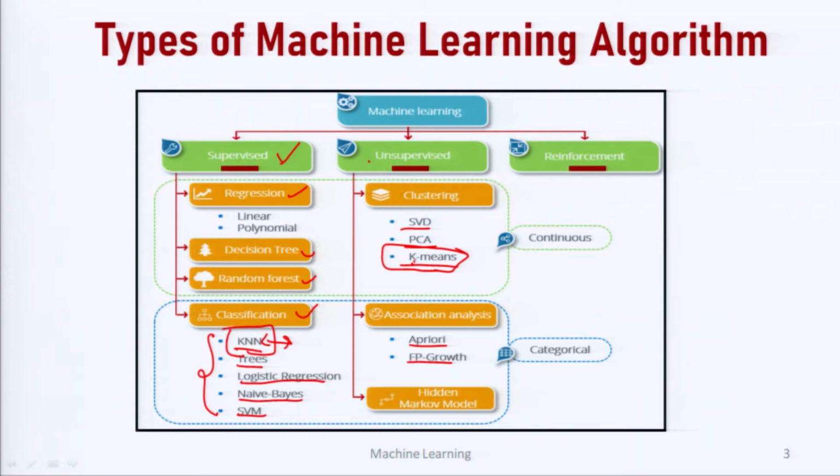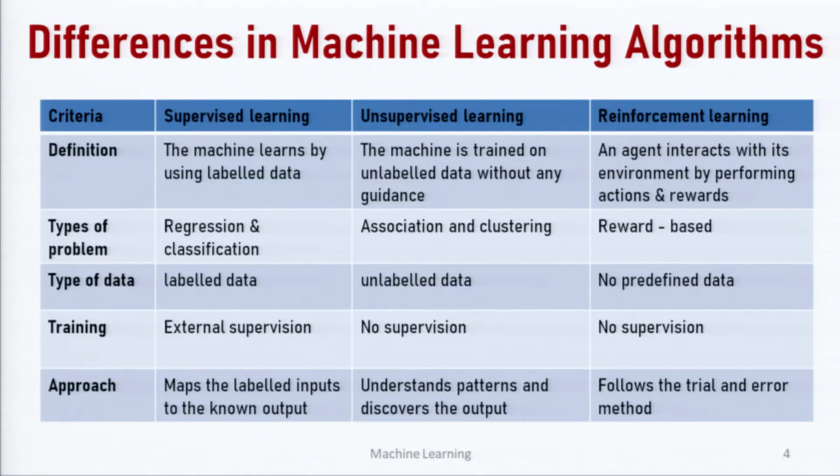Now, let us see what the major differences are among supervised, unsupervised and reinforcement learning. Based on these 5 criteria, the 3 major machine learning algorithm types can be differentiated. Based on the definition, supervised learning is where the machine learns by using labeled data.